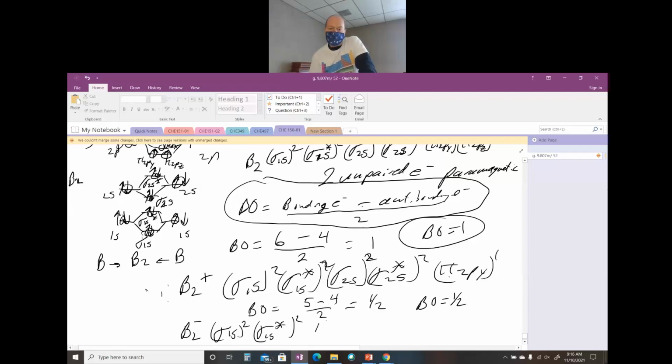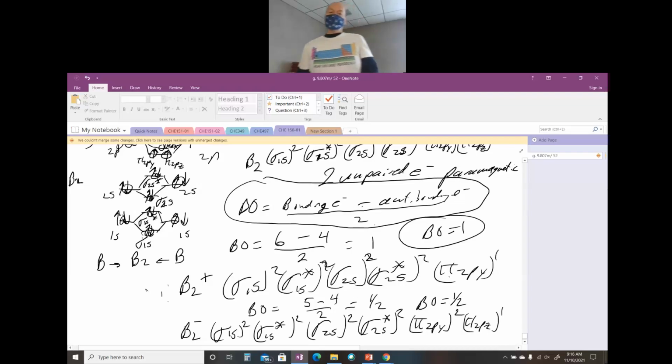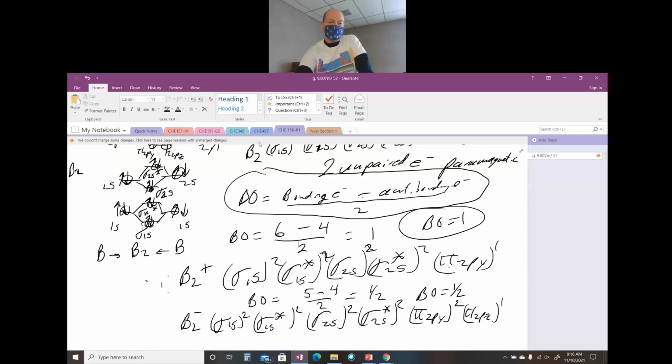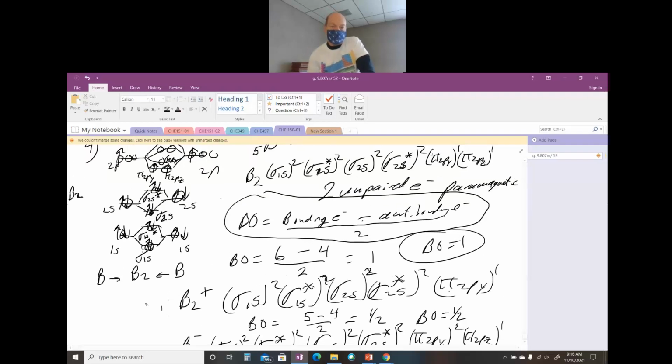I have a sigma 2s2. I have a sigma star 2s2. I have a pi 2py 2 and a pi 2pz 1. All right, so when I put in an electron, I use Hund's rule, and now I have to put that electron in here when I add my electron.